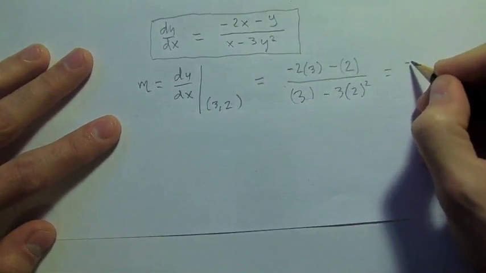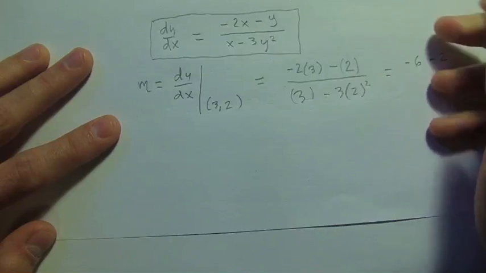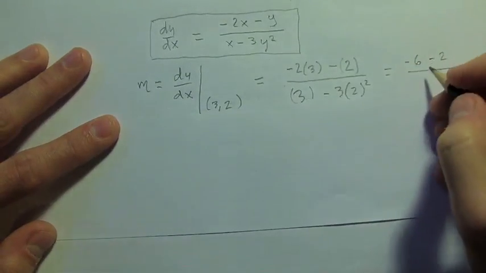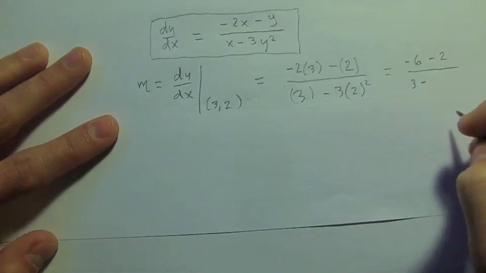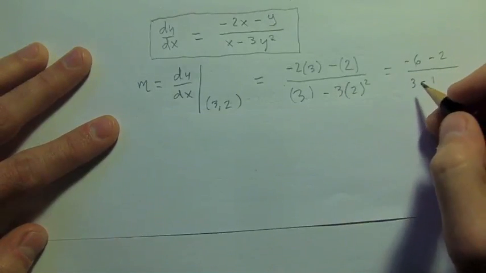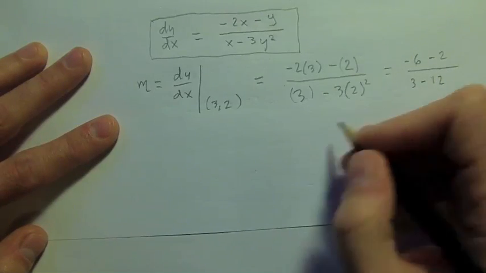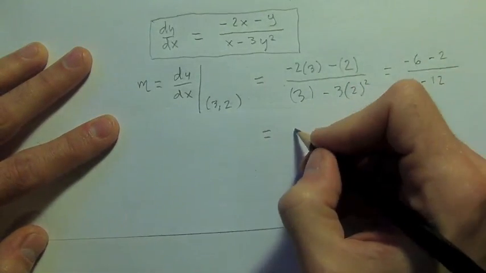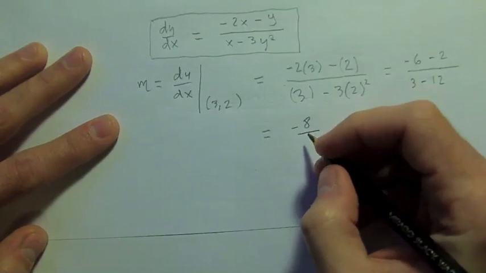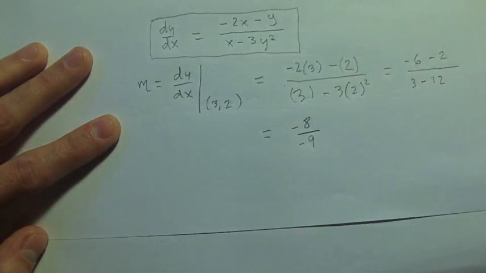Okay, so that'll be negative 6 minus 2 all over, that'll be 3 minus 4 times 12, or excuse me, minus 3 times 4, which will be 12. So what we will end up with here is negative 8 over, that'll be a negative 9.